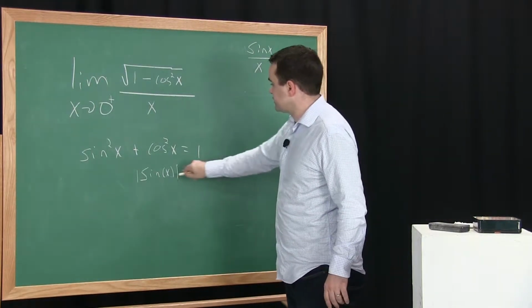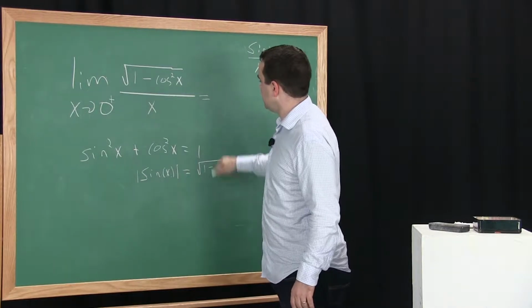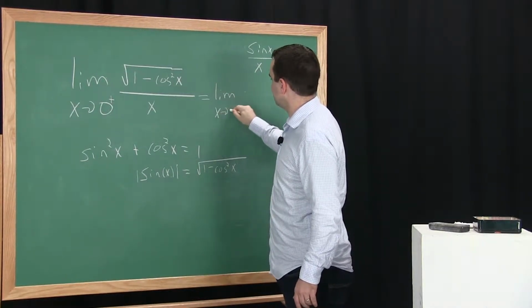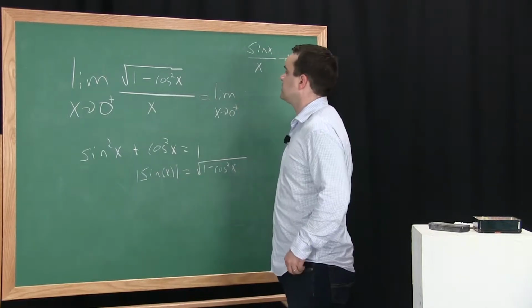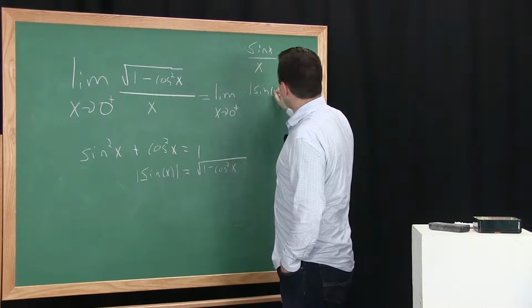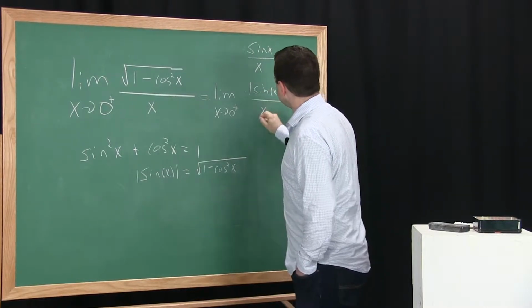So let's just substitute this in. This is really nothing but the limit as x goes to 0 from the right of the absolute value of sine of x over x.